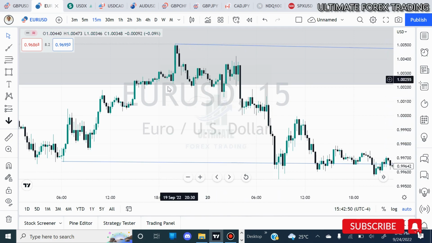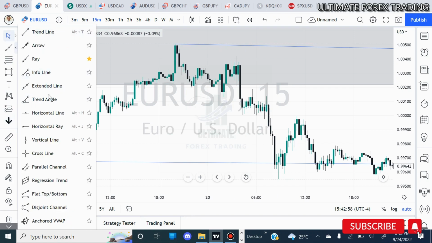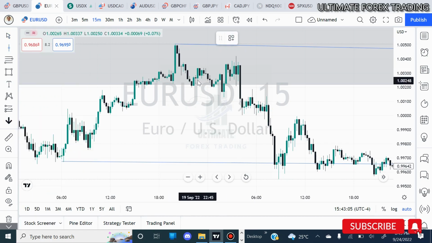So here we are. We're going to mark first of all our midnight New York time, that is 0 GMT. We have our 0 GMT marked here, as you can see, right? And where exactly is our 0 GMT?